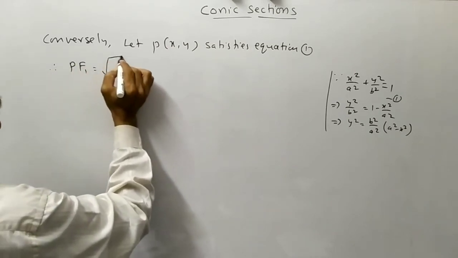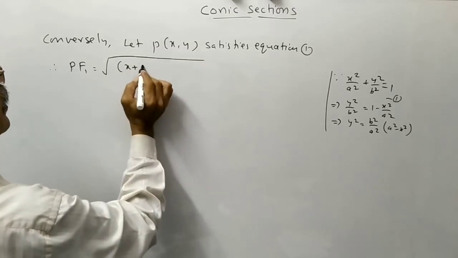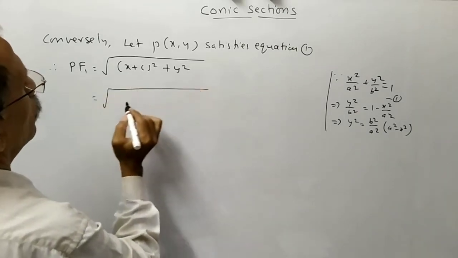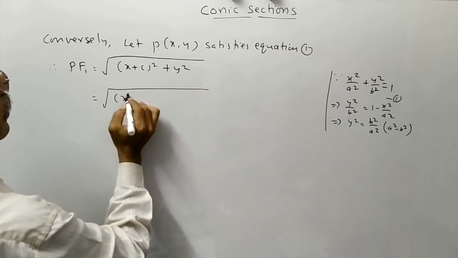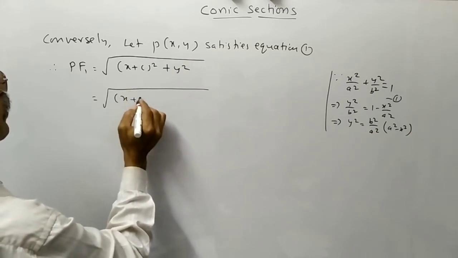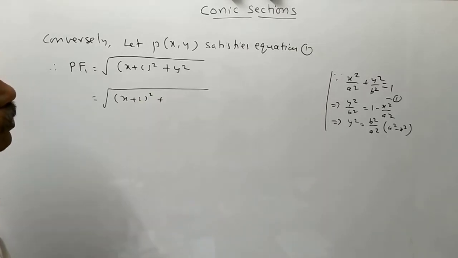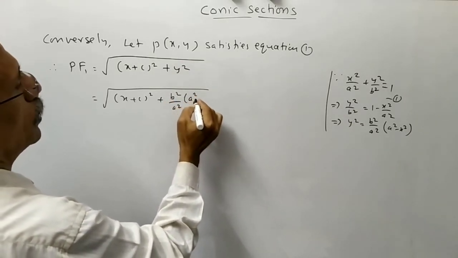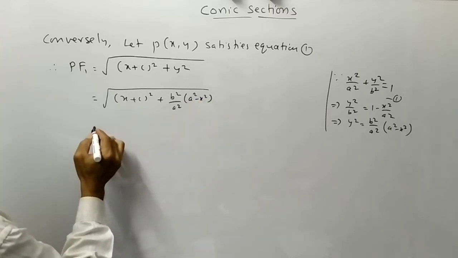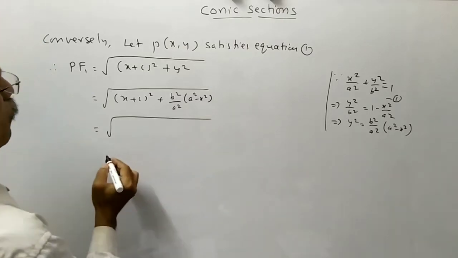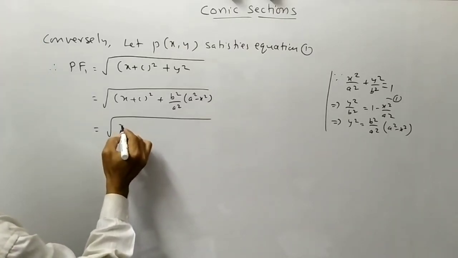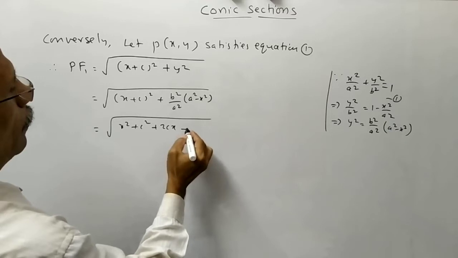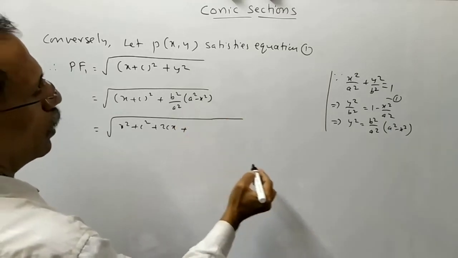PF1 is equal to square root of (x plus c) whole square plus y square, which is equal to square root of (x plus c) whole square plus, let us substitute the value of y square, that is b square by a square into (a square minus x square), which is equal to square root of x square plus c square plus 2cx plus b square.